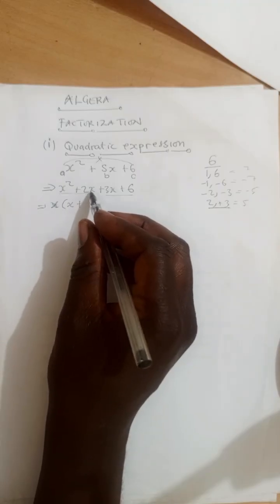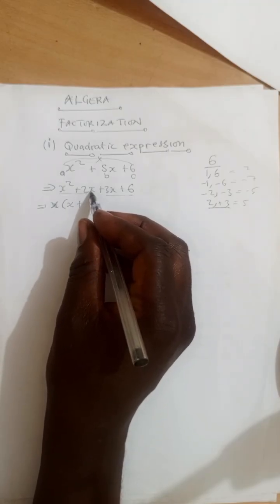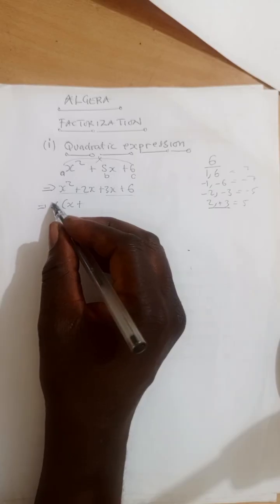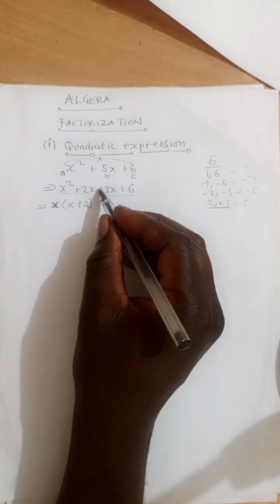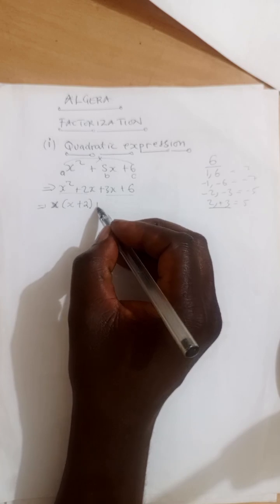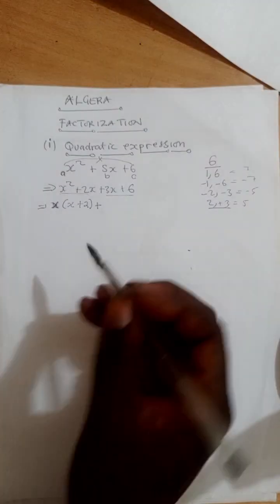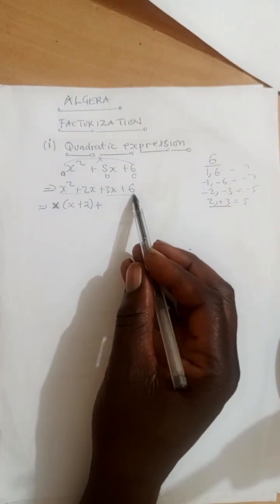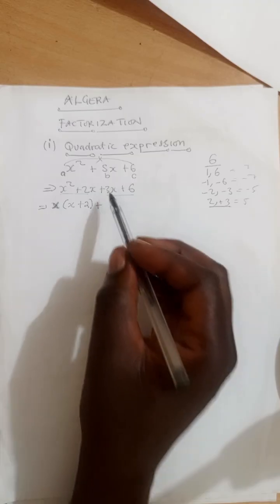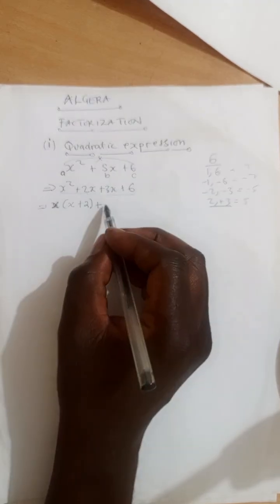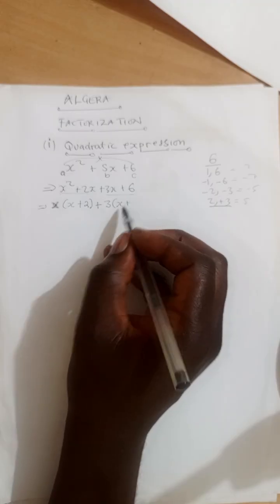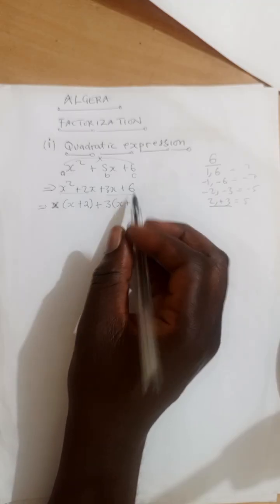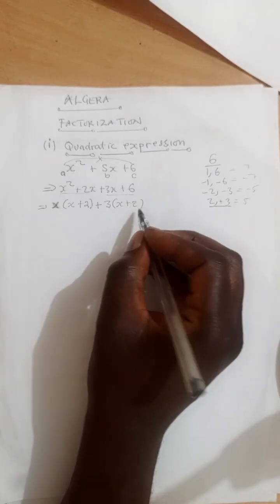And here you had 2x, so when you factor out the common x, you'll be left with a 2. The sign here, you always have to pick it out. Then what is common here is 3. Since the 3 can go into 6, you remove the 3 and you'll be left with x here. How many times does 3 go into 6? It goes 2 times.